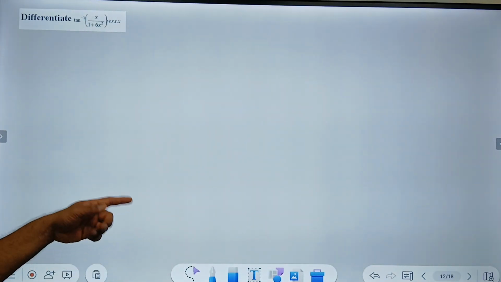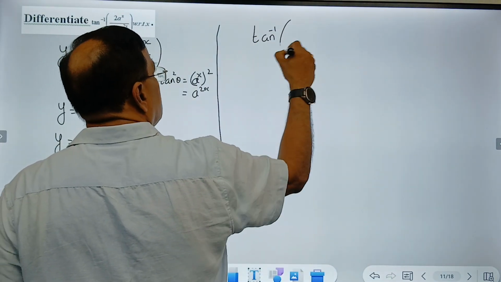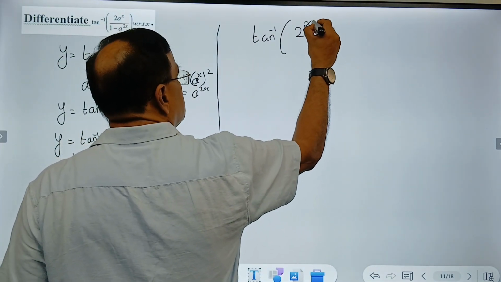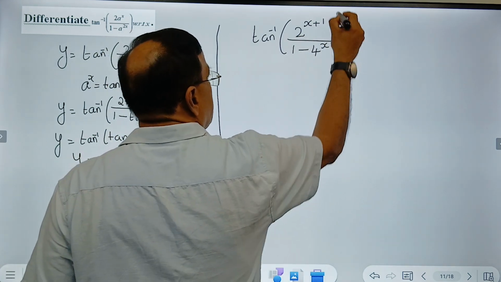I don't remember the exact question. 2 into 2 power x. Yeah, I think I remember it. Tan inverse of 2 to the power of x plus 1 divided by 1 minus 4 power x.